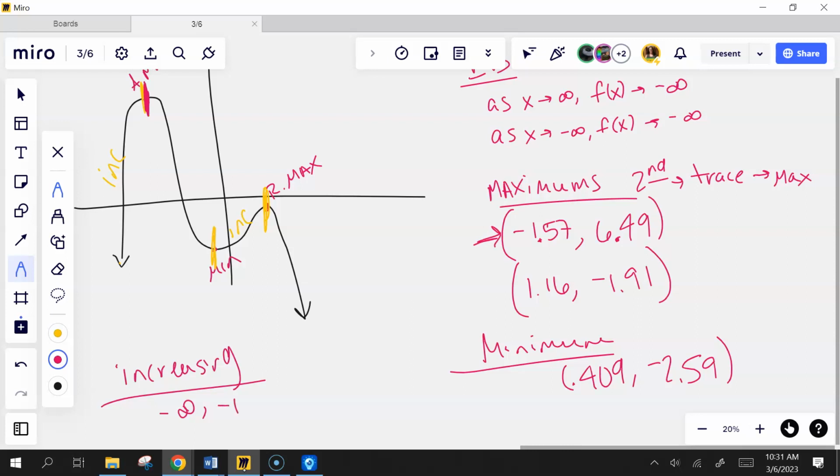So negative 1.57. Then I'm going to pick up at this minimum, which is 0.409, and I'm going to go until I hit that second maximum, which is 1.16. Those are all of my increasing intervals.